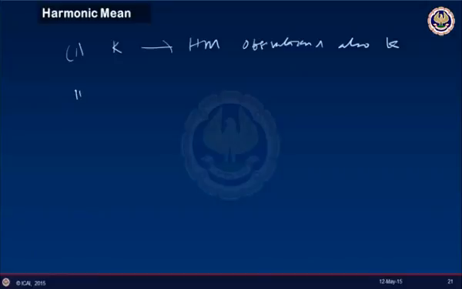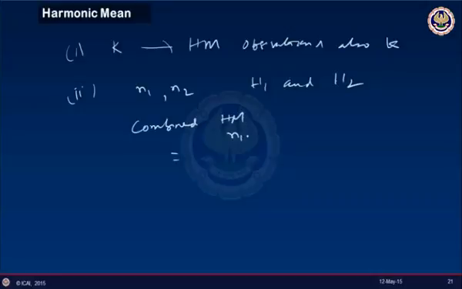Second property: if there are two groups n1 and n2 with respective harmonic means h1 and h2, then the combined HM is defined as n1 plus n2 by n1 by h1 plus n2 by h2.